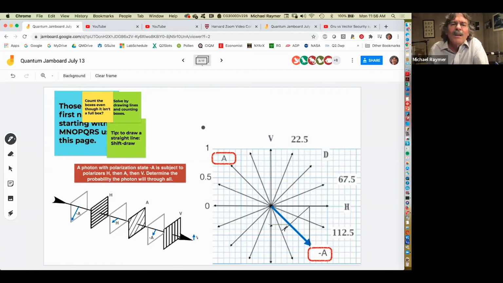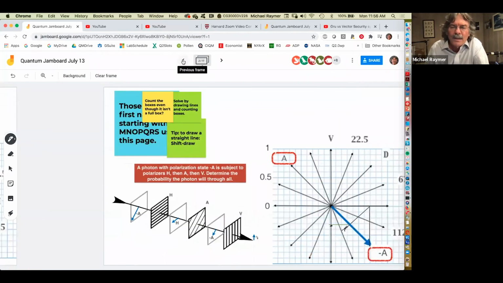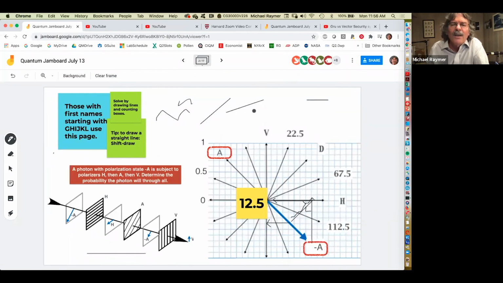So now we have the final polarization, and the answer posted on page 2 is not correct because the maximum scale is over on the left-hand side. You see 0, +1, and then 0.5, and down below it would be -0.5 and -1. So the scale is between 0 and 1, not between 1 and 10.